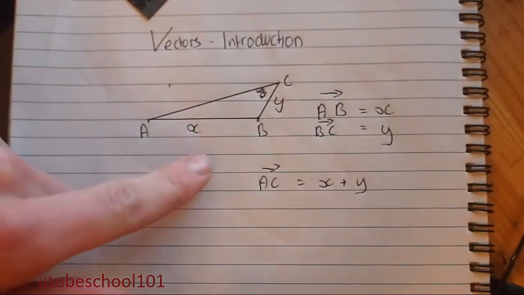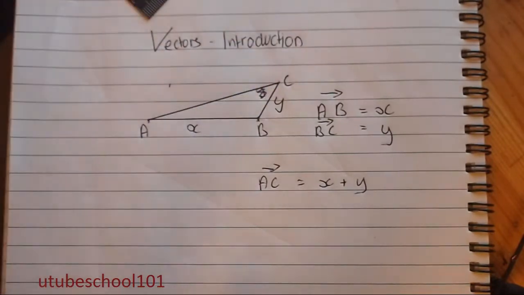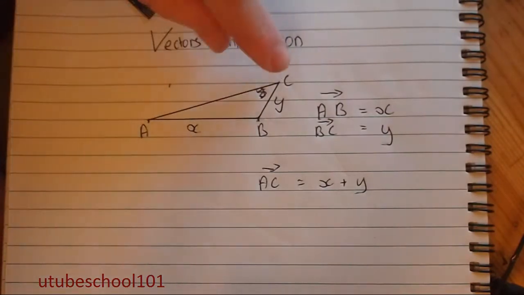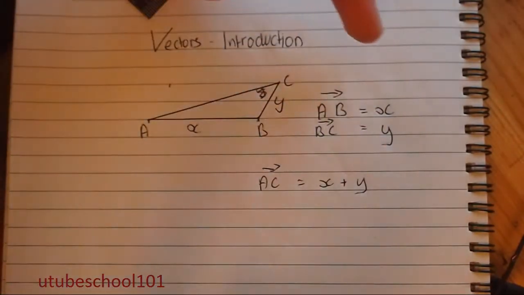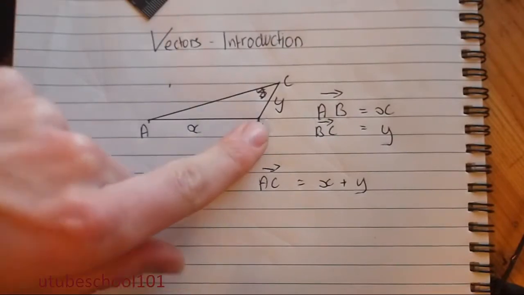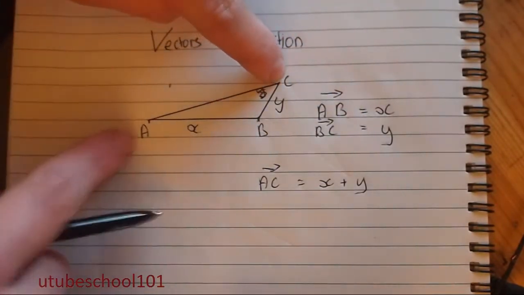Say I got this problem here, and it asked me to find the vector from A to C. Actually, I'll change the question. Find the vector from C to A. So how do I do this? Well, it's just reverse, isn't it? If I wanted to go from B to A, it would be the reverse. So how do I get from C to A?